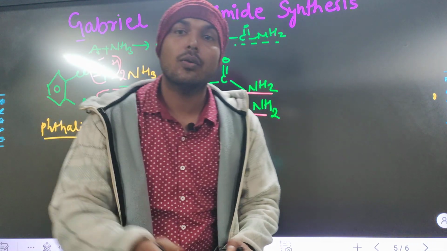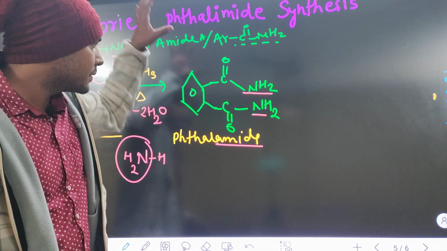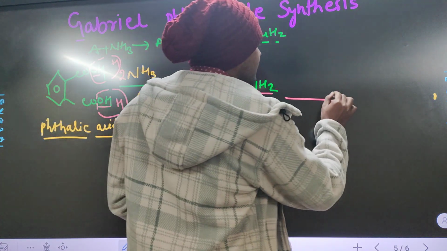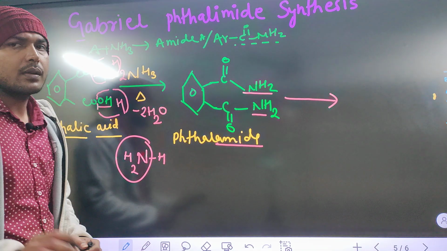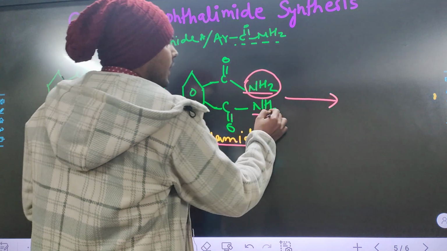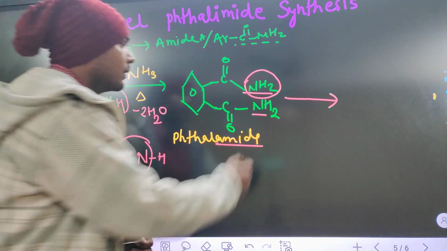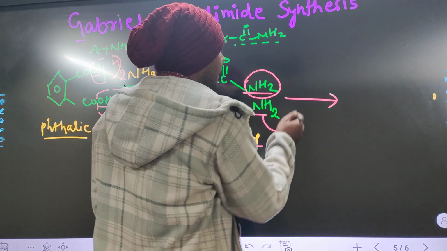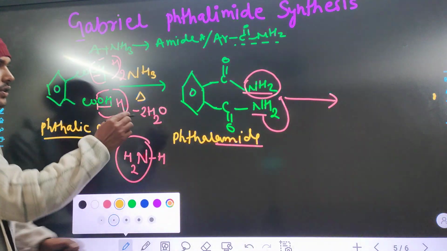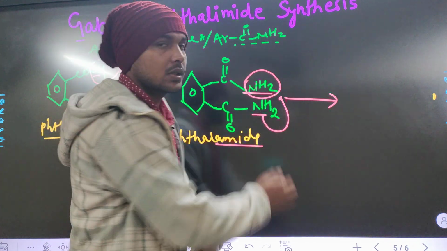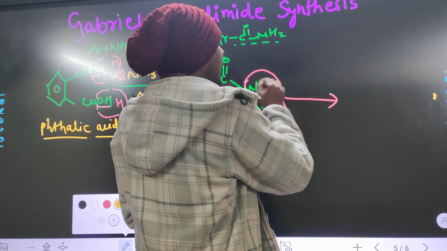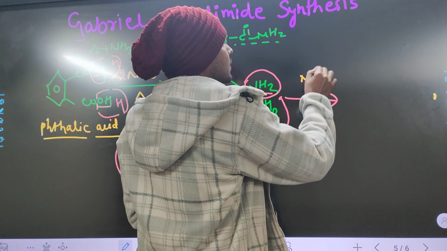When we heat further, what will happen? We heat these molecules further. Suppose this NH2 has 2 H. When one H goes from here to here, it will become NH3. So NH2 plus one H from this NH2 becomes NH3.